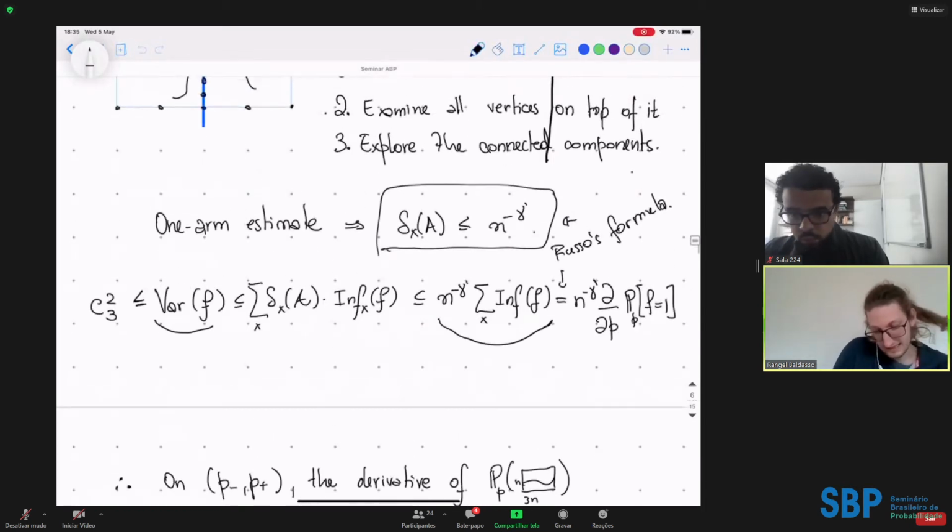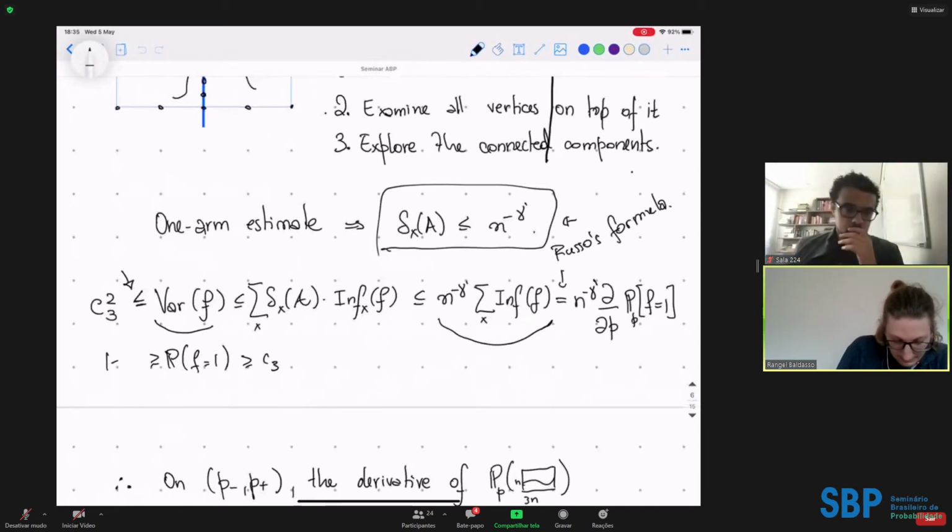And the last ingredient we need here is this bound on the variance, which is basically due to the fact that the probability of f being equal to 1 is at most 1 minus C3, and at least C3. So if you combine this inequality with the expression for the variance, you get this constant lower bound.